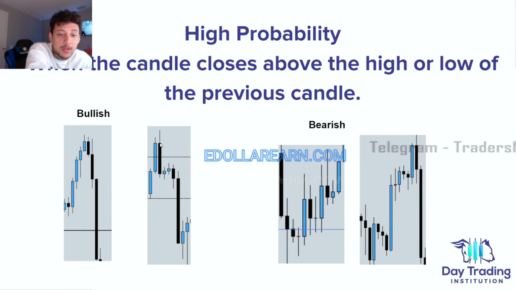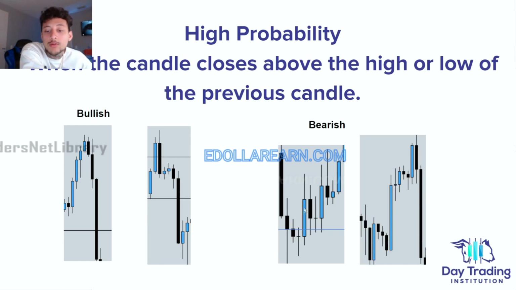Same thing here, right? Notice how this bearish candle closed under the lowest low of the previous bullish candlestick, making it a high probability entry candlestick. Now, notice how this bullish engulfing closed above the highest high of the previous candlestick. That's going to be the entry candle.